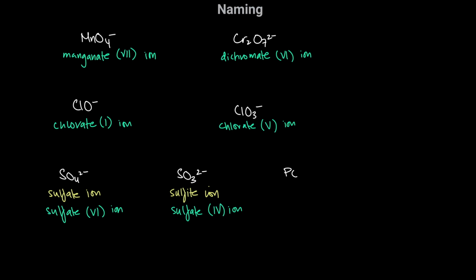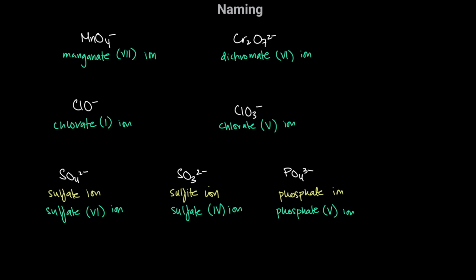Similarly, the phosphate ion may also be referred to as the phosphate 5 ion, because phosphorus has an oxidation number of plus 5.